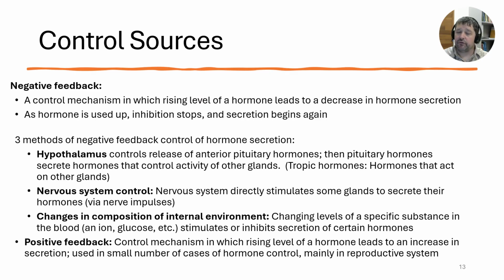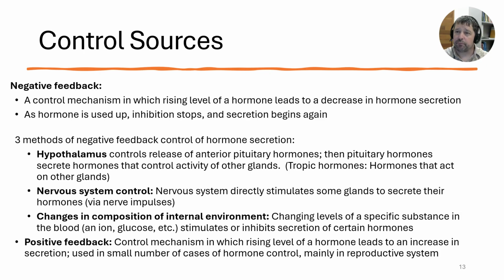And then you can have potential positive feedback. So you can have a mechanism in which rising levels of hormones increase secretion. Normally this is reserved for reproductive systems, where you've got a little bit of testosterone that's enticing the reproductive system, and then you get more and more and more.